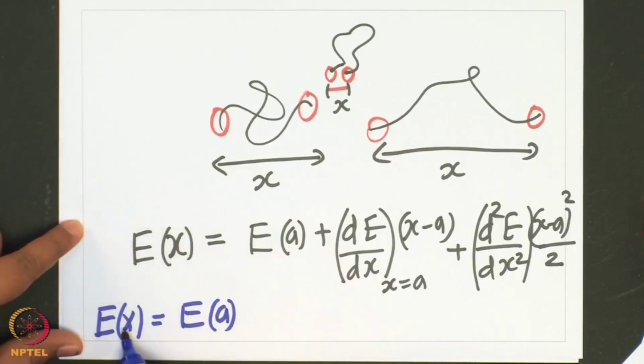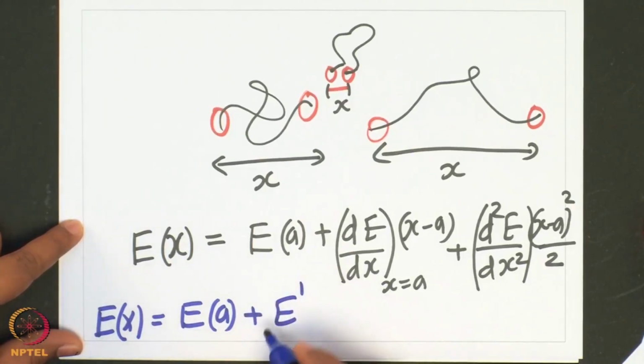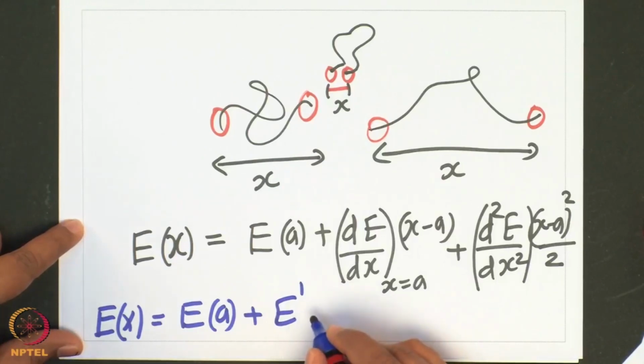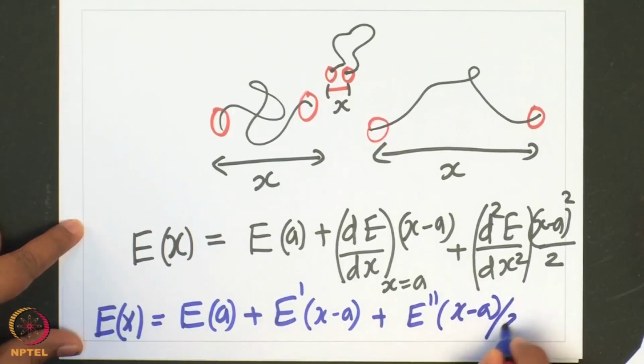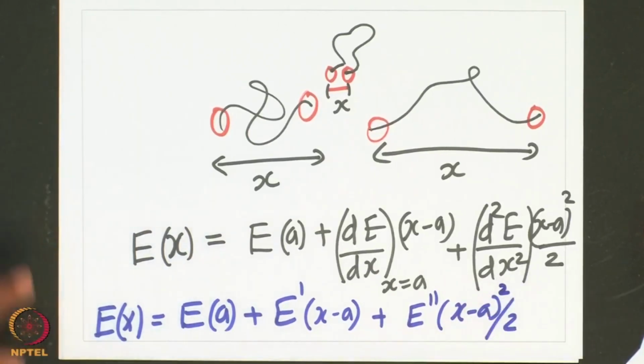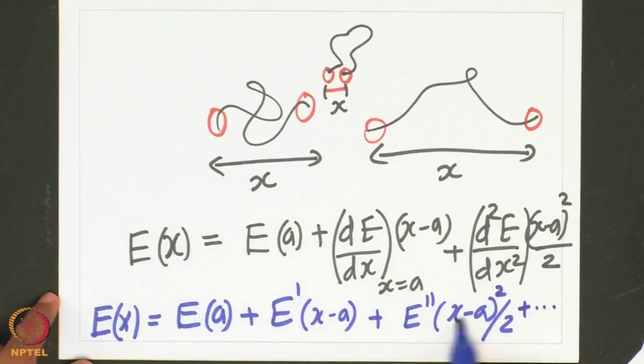So the energy of the configuration having distance x is the energy of this configuration plus the derivative of energy, E prime, meaning dE by dx, times x minus a, plus E double prime, the second derivative of energy, times x minus a whole square divided by 2, plus dot dot dot. If I assume x is very close to a, I can neglect all the x minus a cube and x minus a power 4 terms, etc., as they will be very small. So I can neglect them.